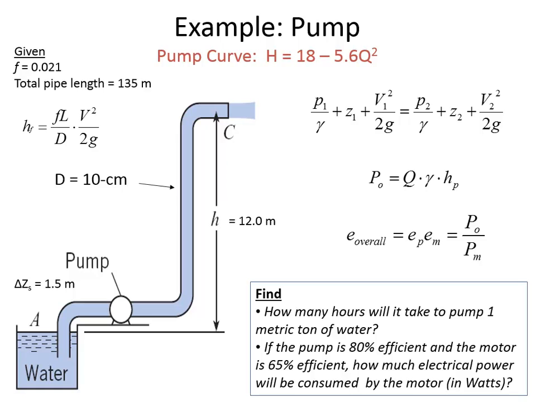All right, so H sub P is 12 plus 25,101 times Q squared. So that's going to be our system curve. So now we need to set our pump curve equal to our system curve and solve for Q.